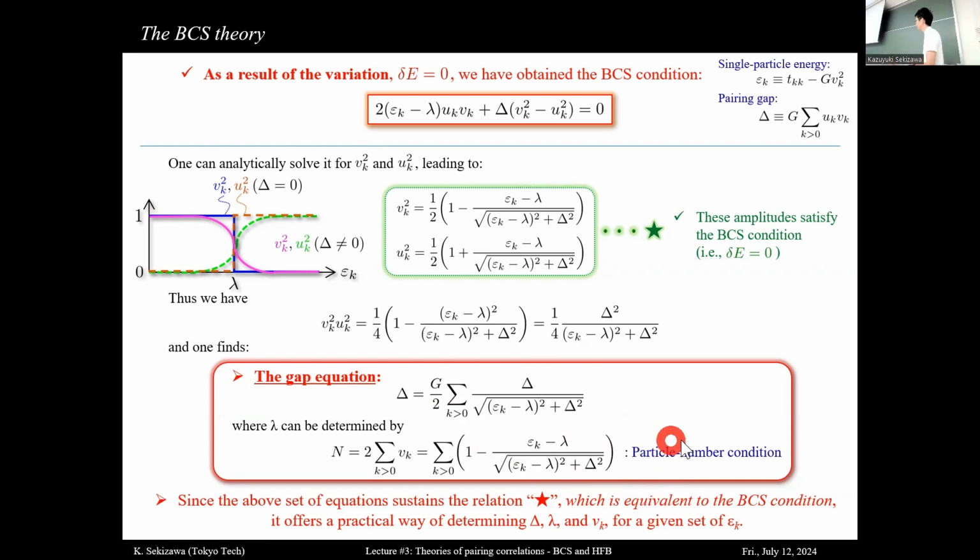In this way, with the gap equation and particle number condition, we can determine the values of Vk and Uk and the pairing gap delta. These are important equations as a result of this wave function.